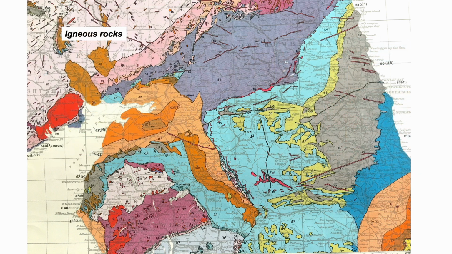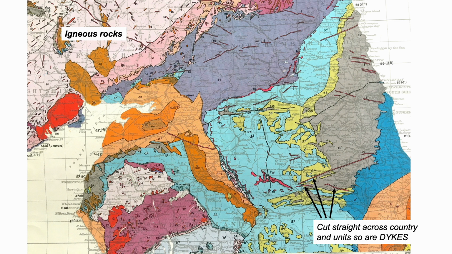But what about 13? Well, we can see across the map there are little streaks and strips of things labelled with a number 13, shown with that claret colour. And some of them are quite easy to interpret. Here, they're thin and cut straight across the countryside, across valleys, and they also cut straight across stratigraphic boundaries.